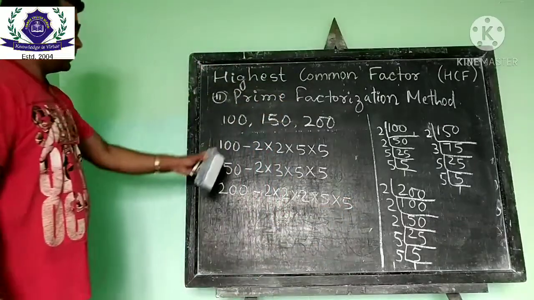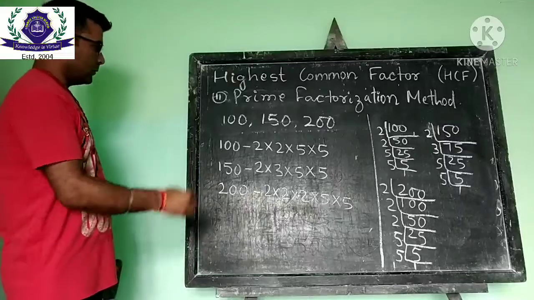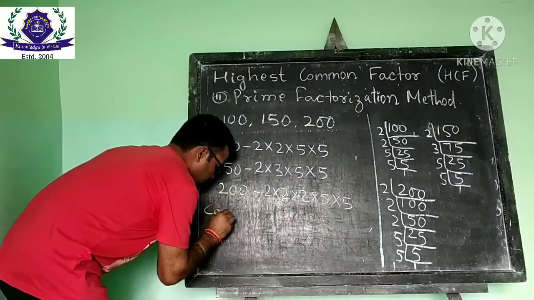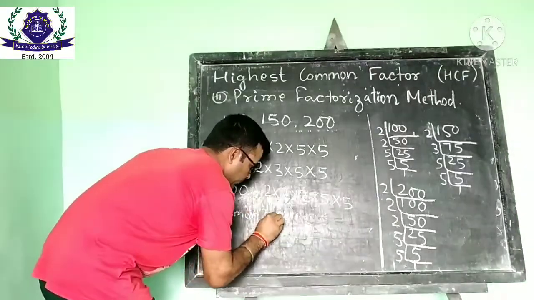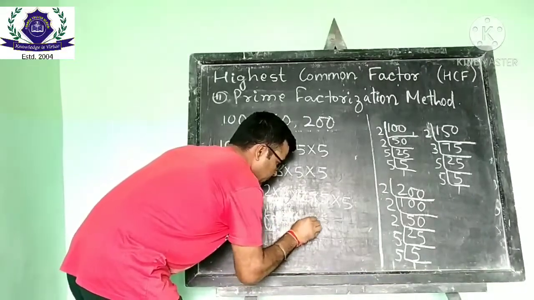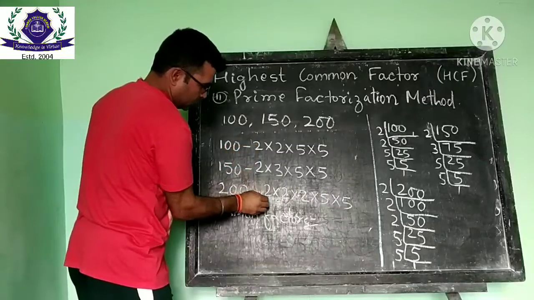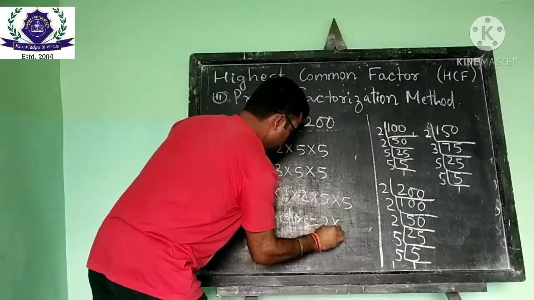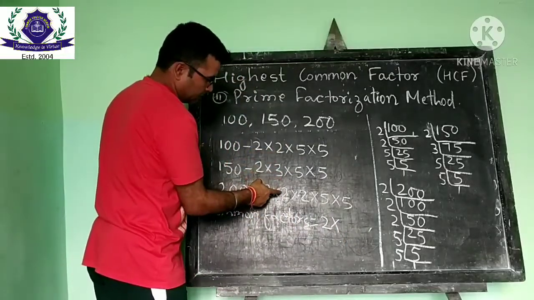Now we have found the prime factors of all three numbers. So from here we have to choose the common factors first. Common factors is equal to, now here we can see common in all, that is 2 here. So 2 falls into, yes, here is 2, here is 3, but here is 2.